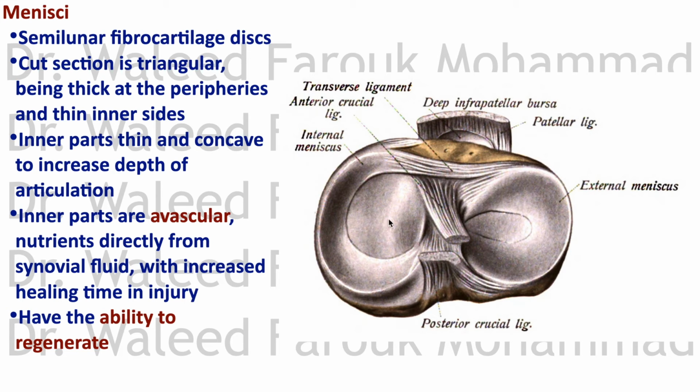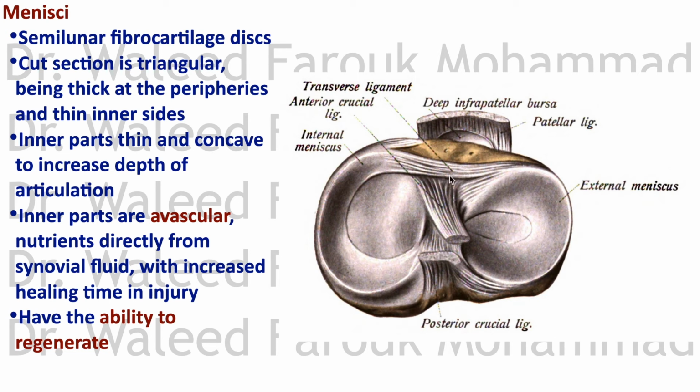I also want to draw your attention to a question in this area about how the structures are attached or arranged in the intercondylar area. The first structure is the anterior horn of the medial meniscus, then the anterior cruciate ligament, then the anterior horn of the lateral meniscus.